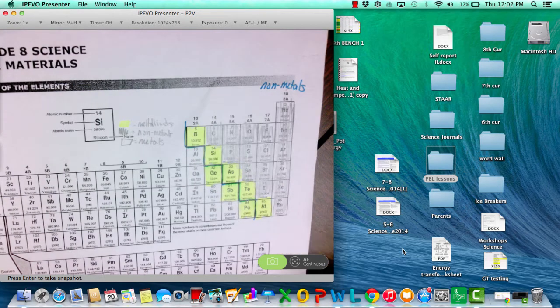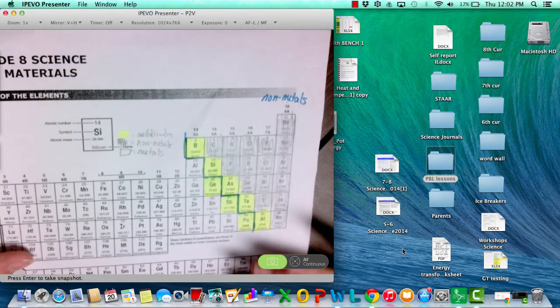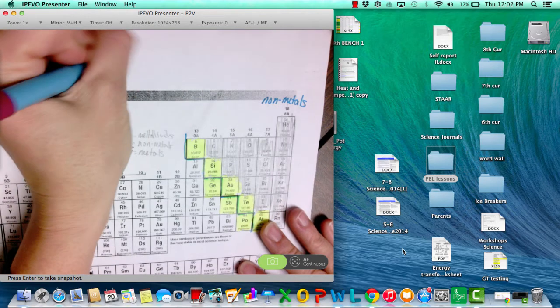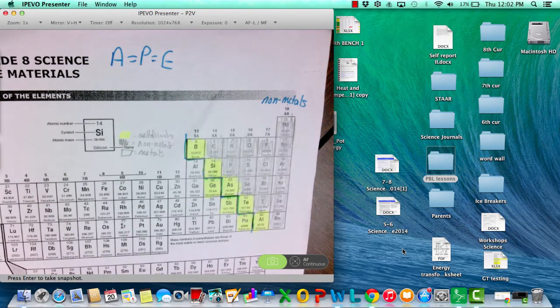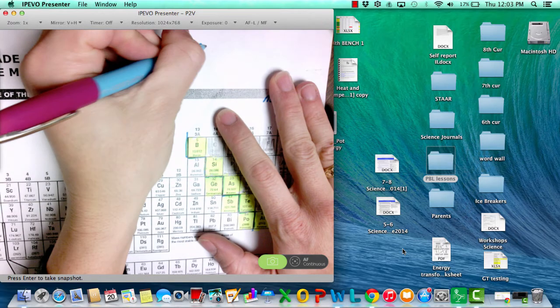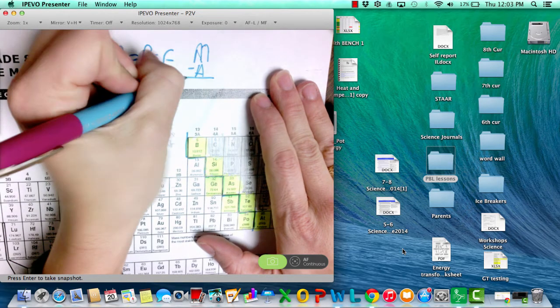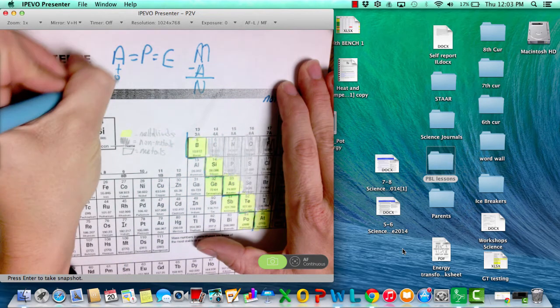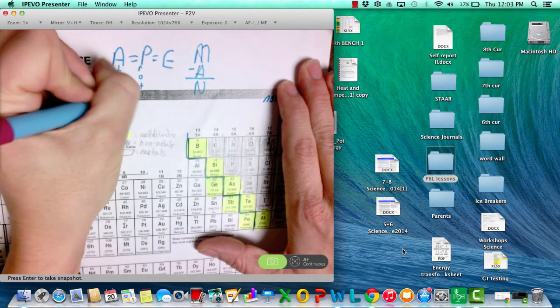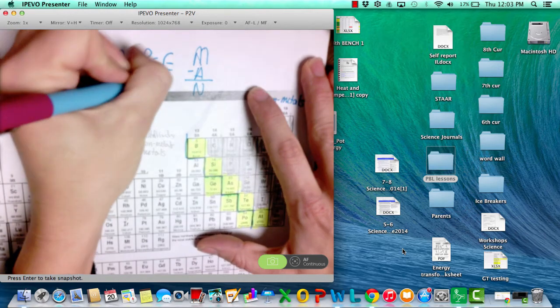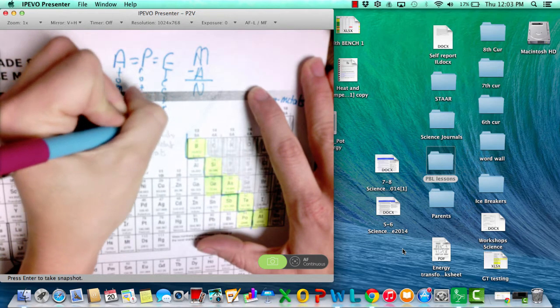Again, you definitely know that one thing I'm always going to expect to see is Bohr models. It will probably answer, I'd say like 7 or 8 questions directly on the test. So you want to make sure that you know it. Remember, the atomic number equals the number of protons equals the number of electrons.